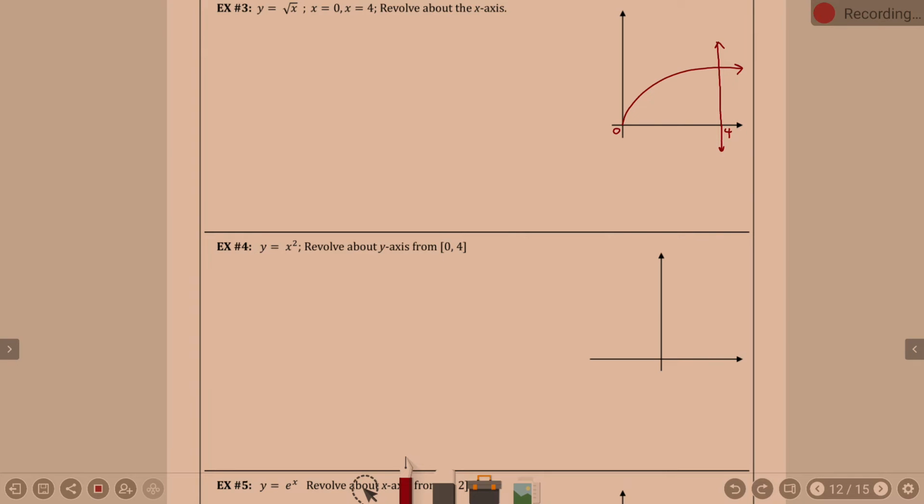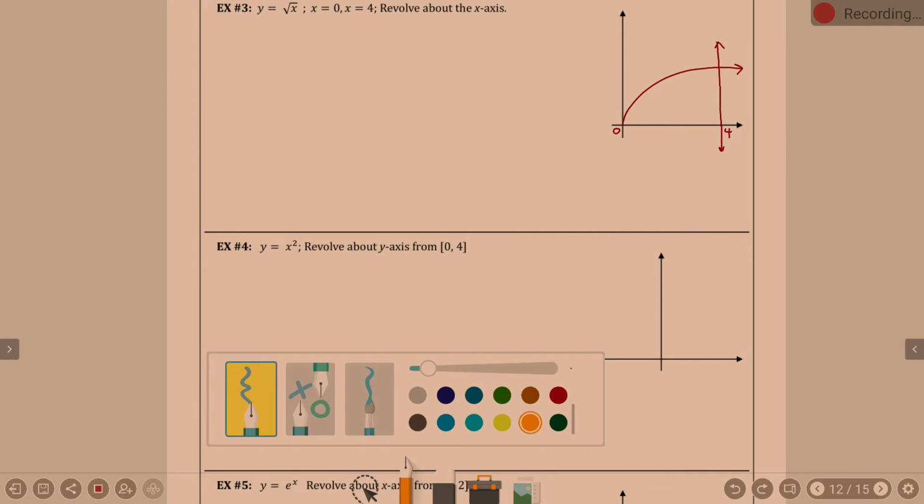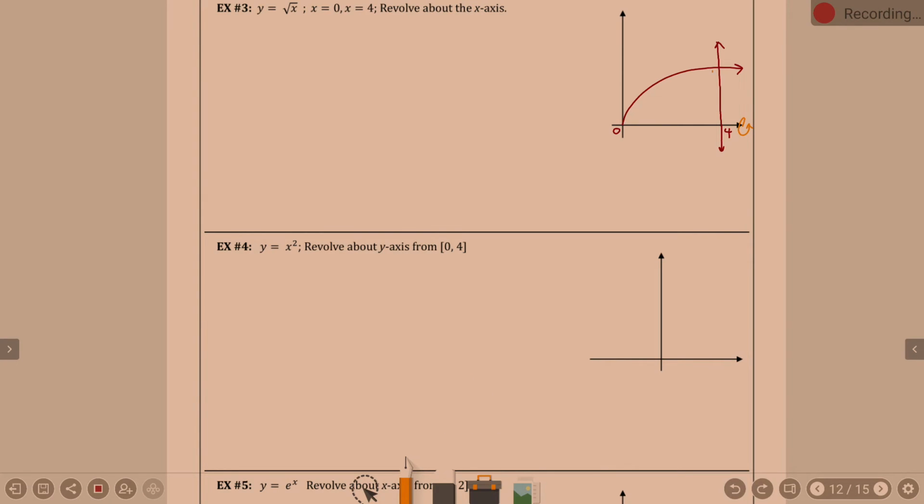Okay. And we're revolving around the x-axis. So I'm taking that piece, revolving around the x-axis. Can you kind of visualize what it's going to make? A donut? Oh, x-axis.